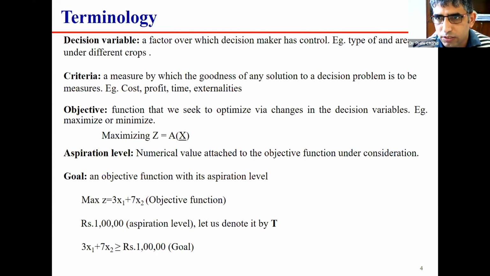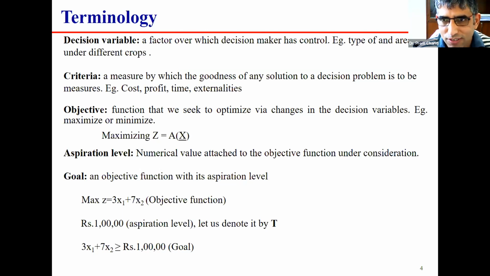And what is a goal? This expression, or these aspirations and objective functions together, are called a goal. Let me give some example. I say maximization of net return equals 3x1 plus 3x2. What is the decision variable here? X1 is a decision variable. X2 is a decision variable.